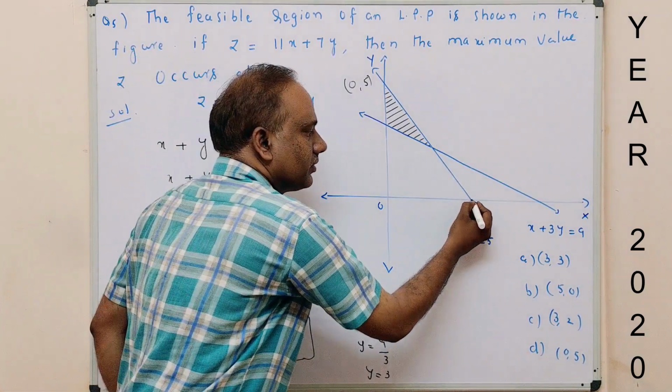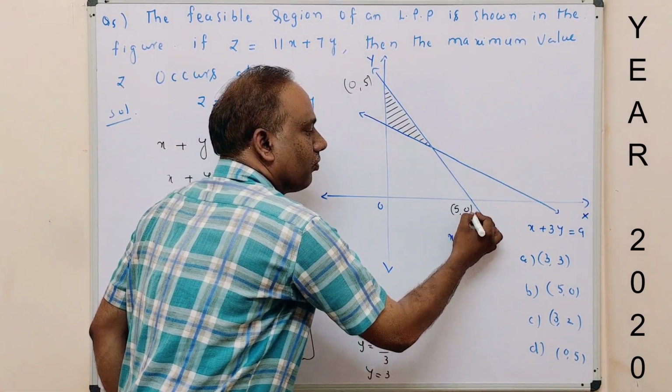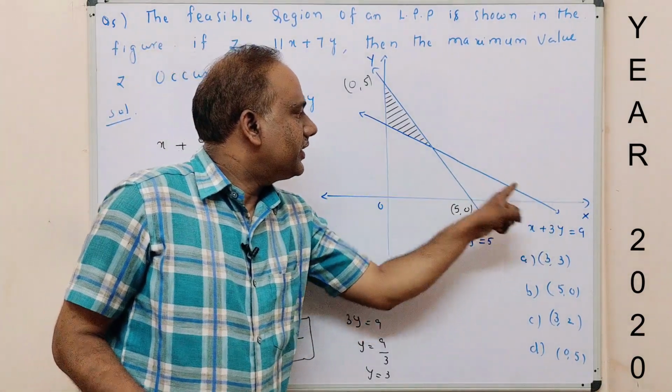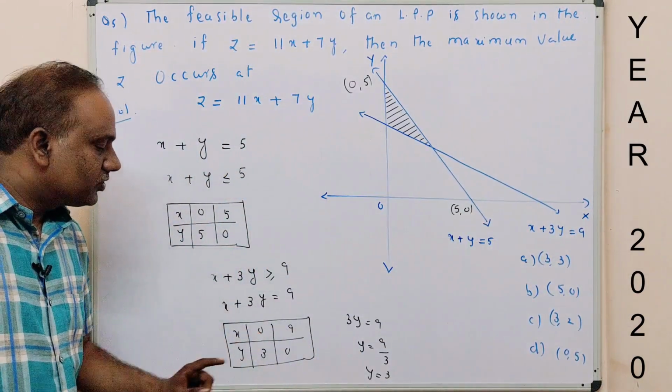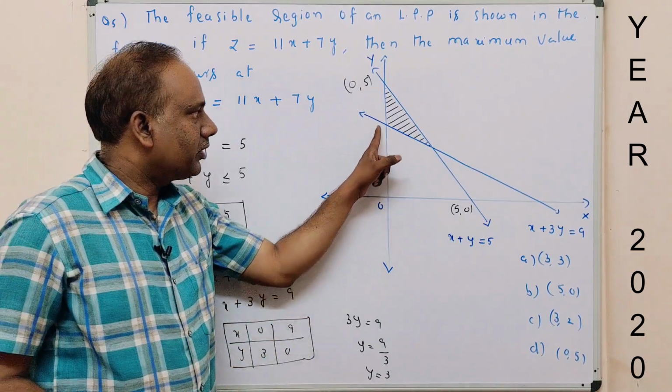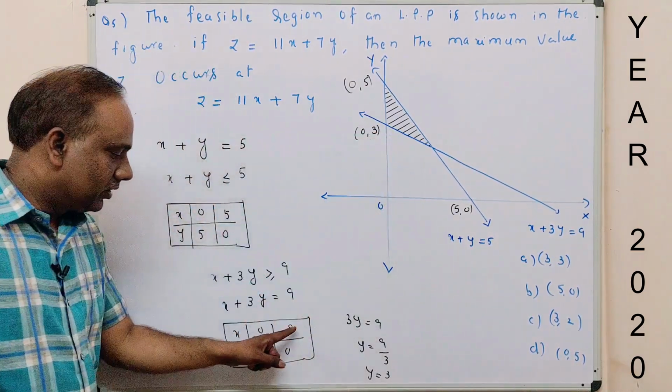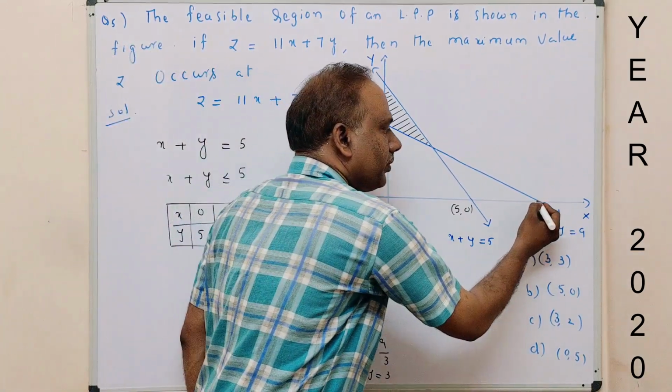So this is (5, 0). Next, in this equation, the points are (0, 3). (0, 3) means this point, and (9, 0). (9, 0) means this point.